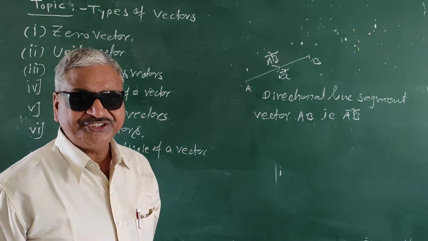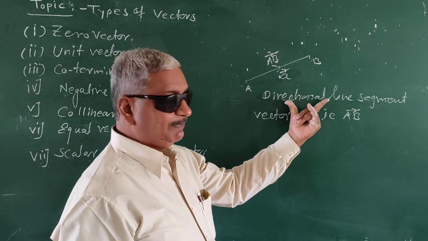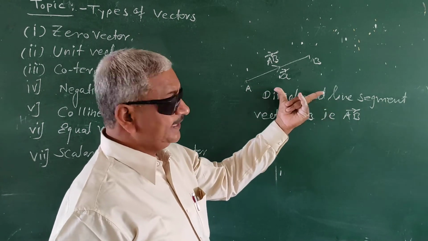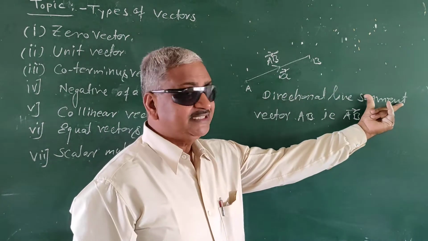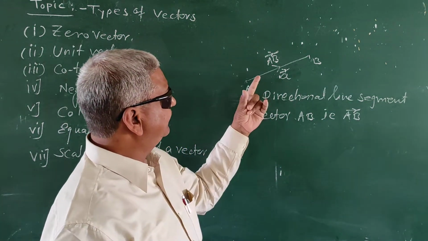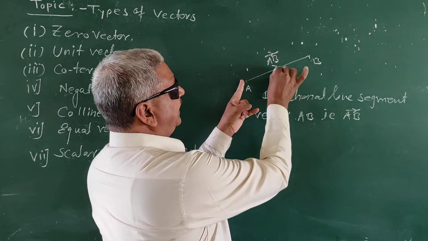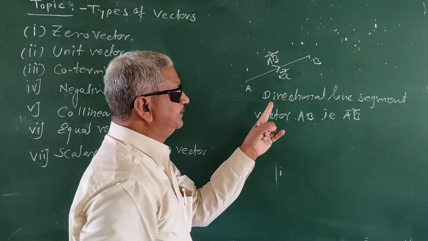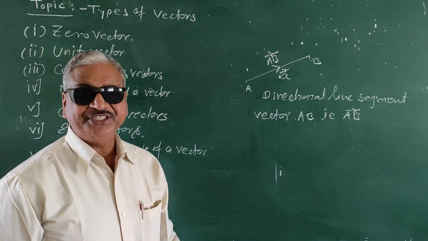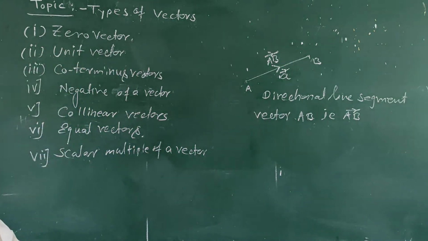So vector is defined as a directional line segment. It has direction as well as magnitude, and therefore if you measure this A to B, you will get the magnitude and this arrow gives the direction. Therefore it is a directional line segment that we have seen in the 11th standard.